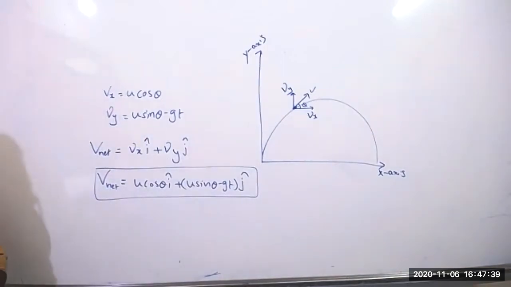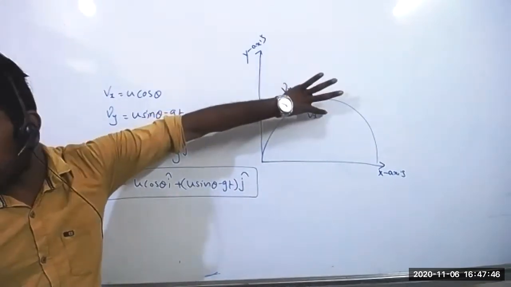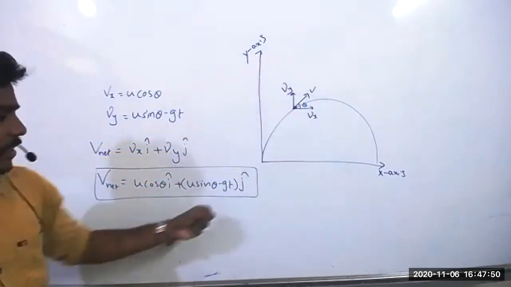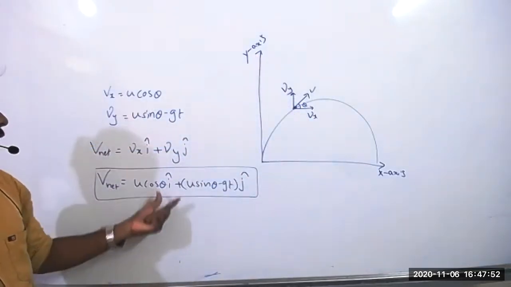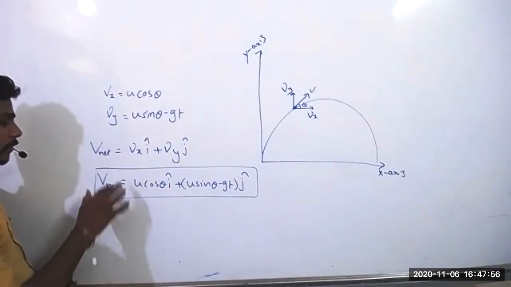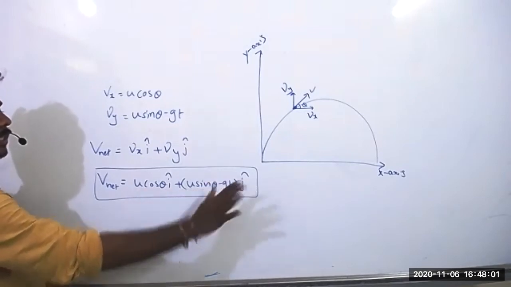Am I clear? Yes, sir. This velocity we have given along the x direction and along the y direction. So what is the net velocity? We have to add the two velocities, and velocity is a vector quantity. So in terms of vector, we have given u cos theta i cap plus (u sin theta minus gt) j cap.